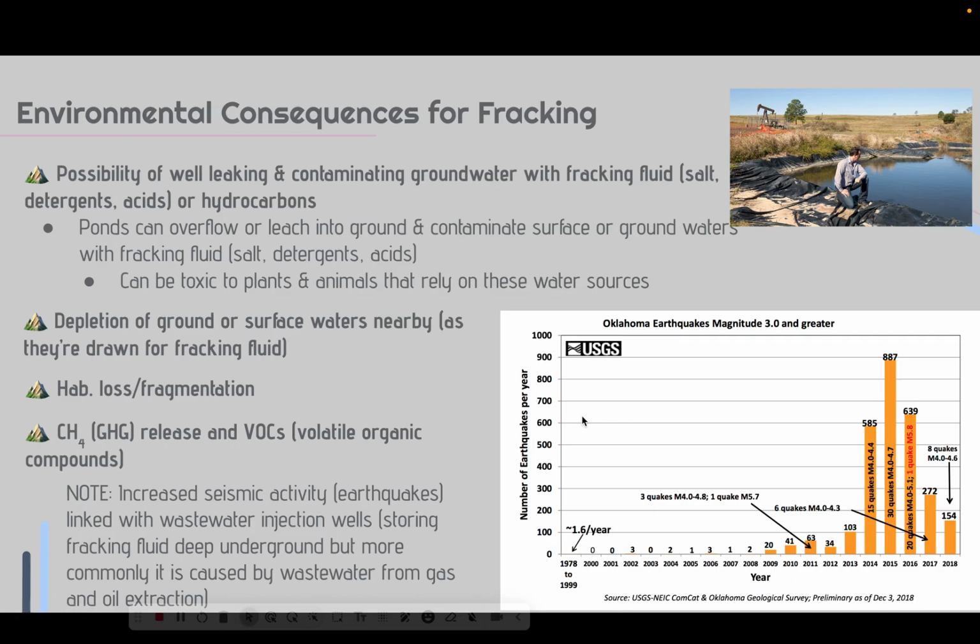So, one other thing that's been mentioned in terms of fracking is seismic activity. And while it does increase seismic activity, it has been linked with wastewater injection wells. So what do we do with that leftover wastewater from fracking? It's more commonly found with wastewater from gas and oil extraction.